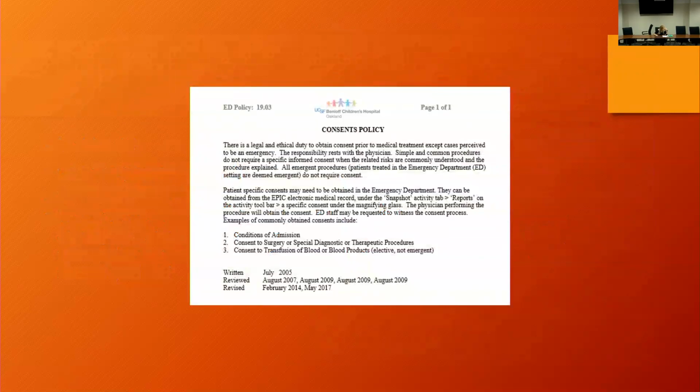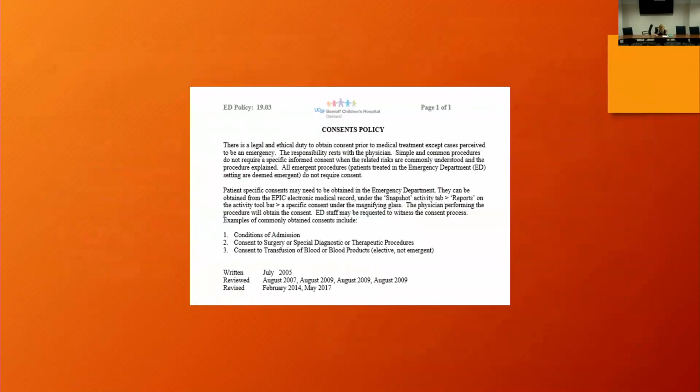Okay, what is this? This is the consents policy. Patient-specific consents may, I need to make this bigger. What does the policy say? Basically, second paragraph: legal and ethical duty to obtain consent prior to medical treatment, except in cases perceived to be an emergency.